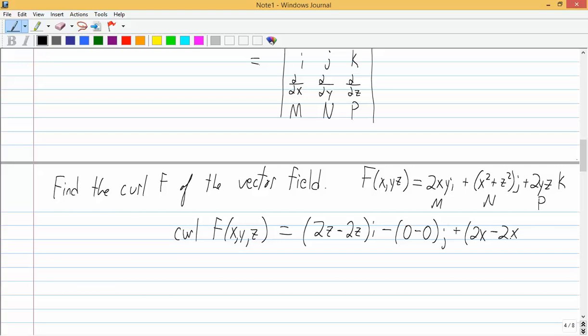That's 2x times k. So you can see we have 0i minus 0j plus 0k. Since all of this is equal to 0, then capital F is said to be irrotational.